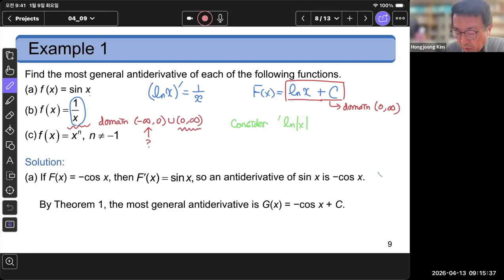Then for positive x, log absolute value of x is just the log x, so that its derivative will be 1 over x.